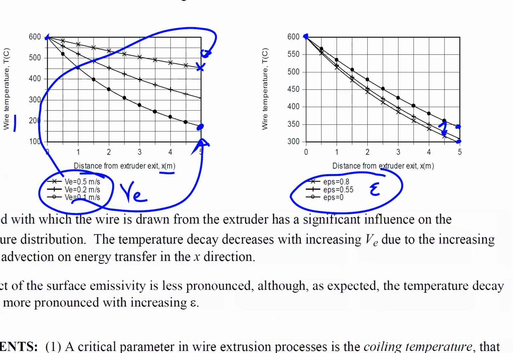One of the big things you have to do for wire that's extruded is wrap it afterwards, when it cools down enough.